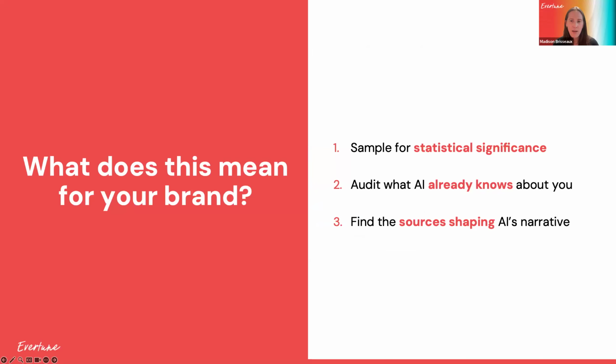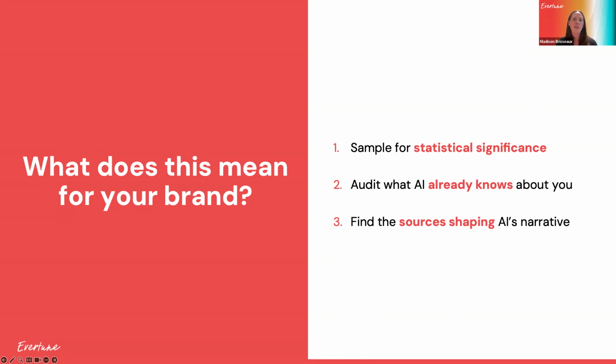So, what does this mean for your brand? You really need to start sampling prompt responses for statistical significance. If you're making decisions based off of that one time that you saw a competitor recommended over you in ChatGPT, you're not really understanding the full picture of AI visibility.